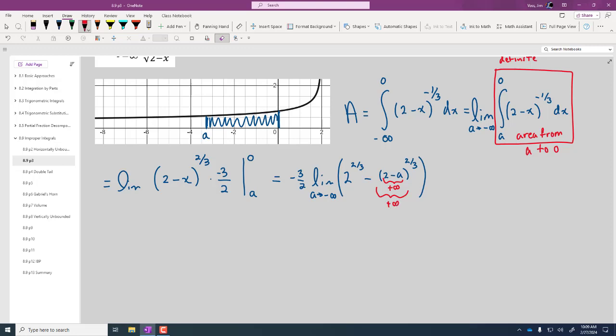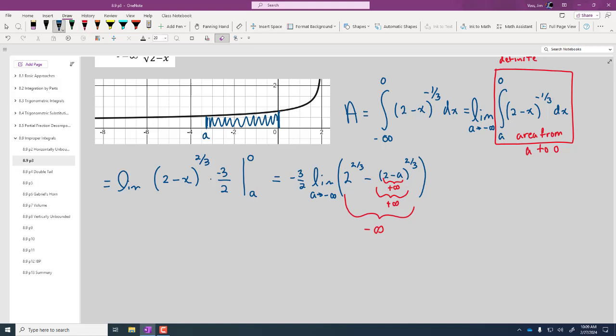And now, let's do the whole thing. 2 to the 2/3 is just a number. It's just a number. And if we subtract off infinity, 2 minus infinity, what's going to happen there? Negative infinity, but then we have that minus, okay? So all this is going to negative infinity.